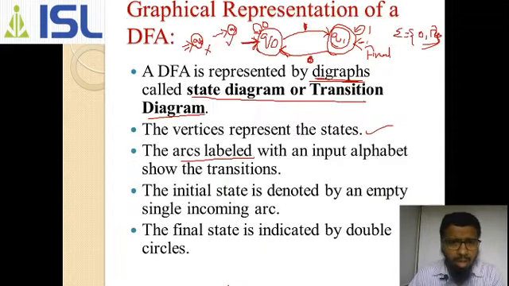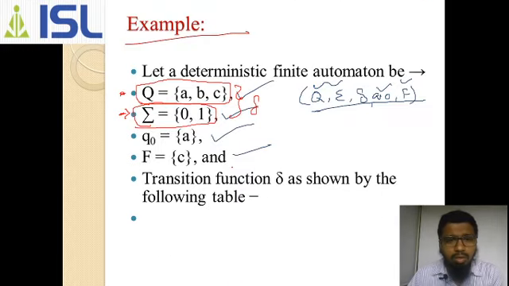Okay, and we took an example in the last class. Q is equal to A, B, C, sigma is 0, 1, Q0 is equal to A. What is Q0? Q0 is the initial state. And what is capital F? Capital F is C. What is C?